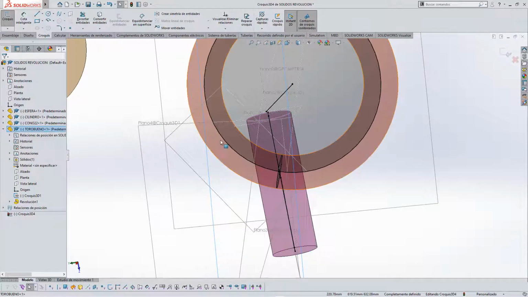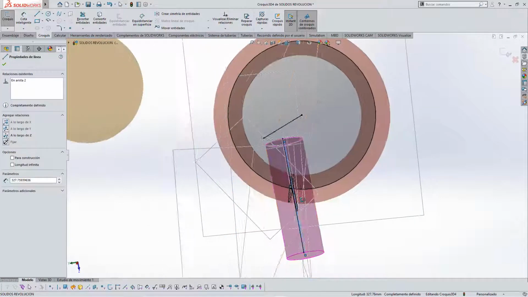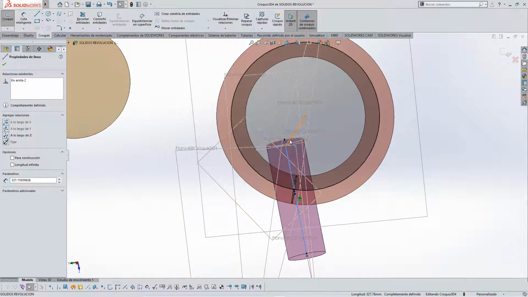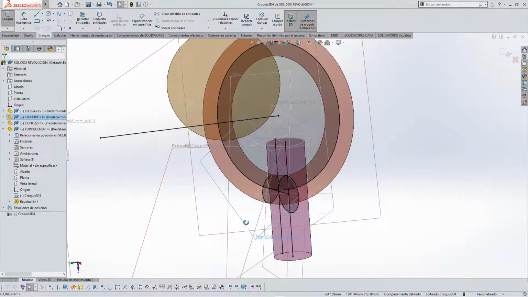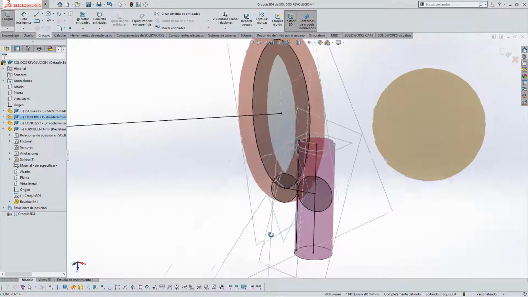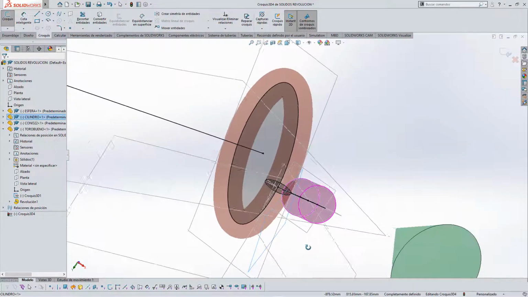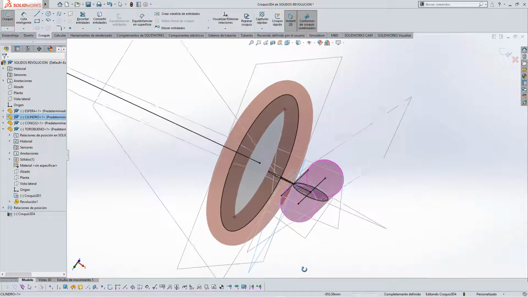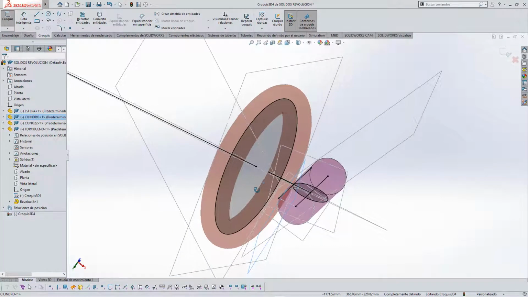And if we now try to align the plane containing each circle of each inscribed sphere, in the case of the cylinder this plane is not very relevant. However, it will intersect at some point the axis of revolution of the torus, and will contain the radius of the circle of the inscribed sphere of the torus. But it's more relevant if we select this second plane containing the circle of the inscribed sphere of the torus.